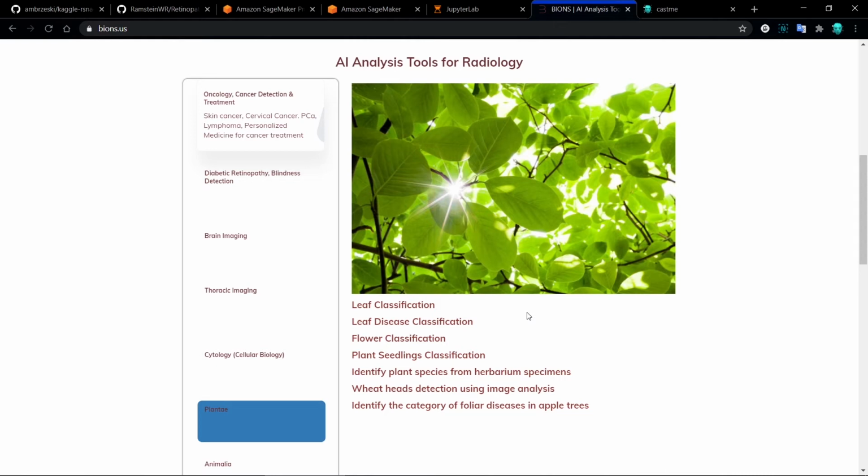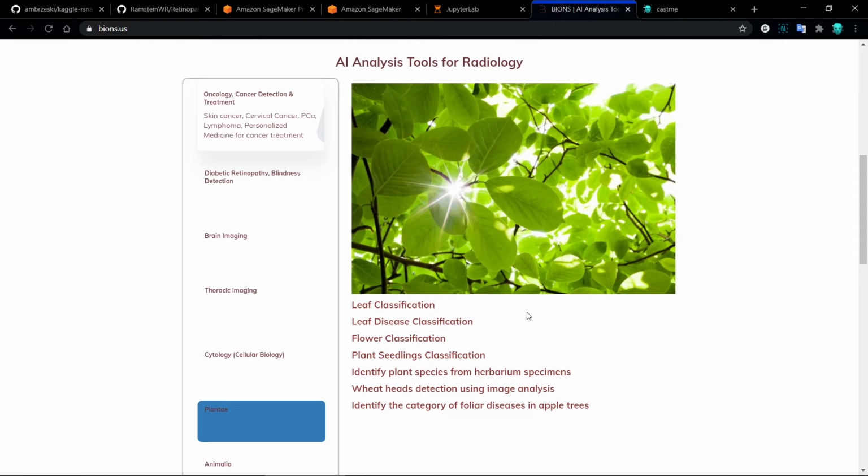Seedlings are small plants, and they have different types of features. Plant seedlings classification, and identifying plant species from herbarium specimens.